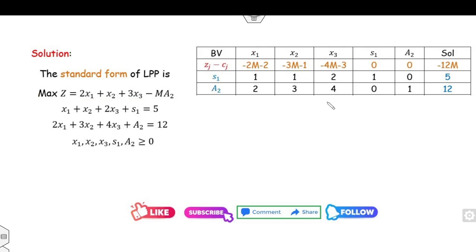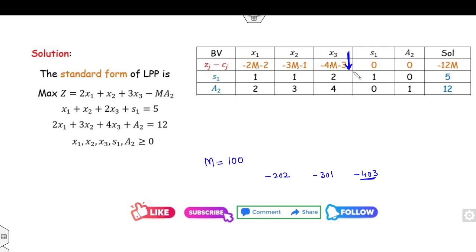Now you have to choose the entering variable. Consider in your mind M as a very large number, say 100, or you may consider 1,000. So the first number will be minus 202. This number will be minus 301. This number will be minus 403. So you can see that minus 403 gives my entering variable.